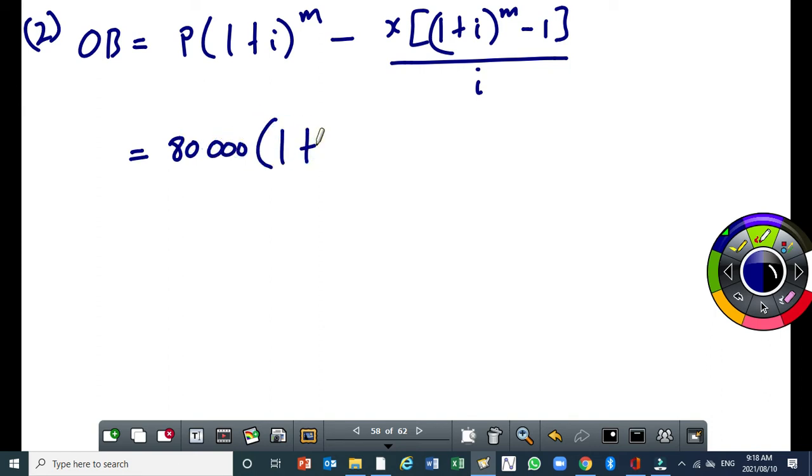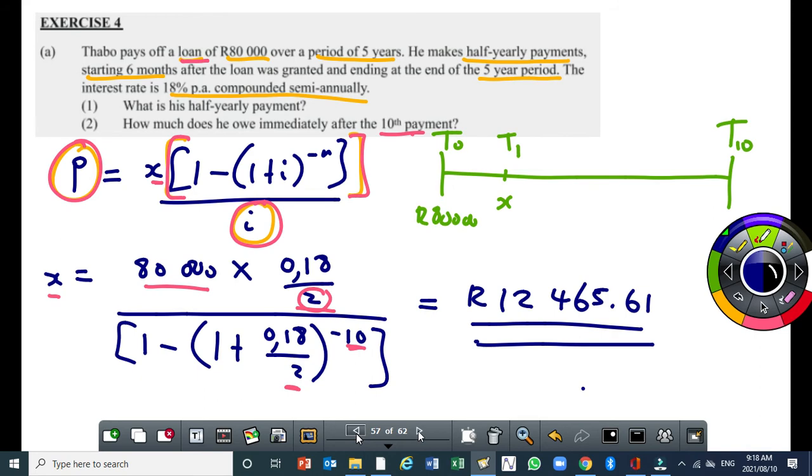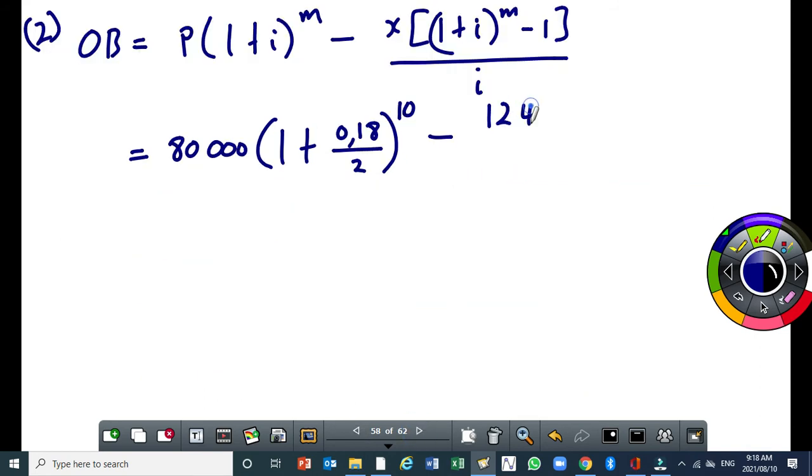And we know that our interest is 18% compounded semi-annually. Where there is X there, we put what we got, 12,465 and 61 cents.